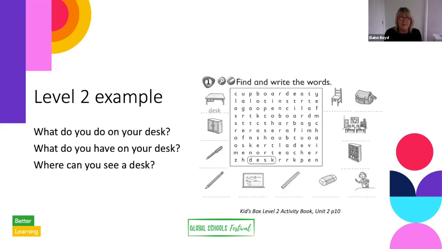Let's look at a little example of this. So I've taken a very low level example here. This is level 2. This is from a Cambridge publication called Kids Box, something you're familiar with, where they're doing a word search activity because you've already taught the vocabulary, and here presumably you're doing something where they try to remember the vocabulary.